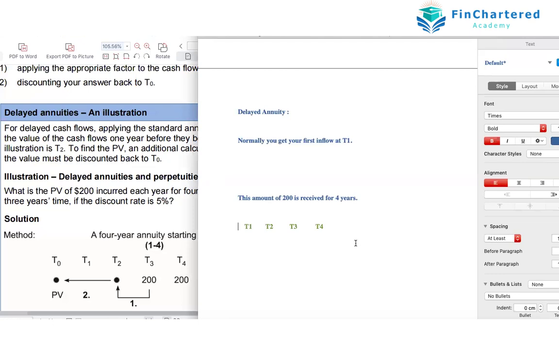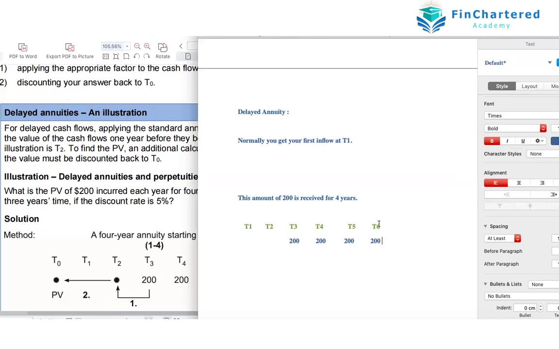So we are receiving the first payment only in time 3. This is what is happening in this case. Here it's 3, 4, 5, 6. Yes, Yashika, that's absolutely right.